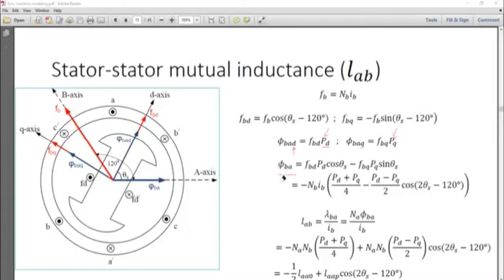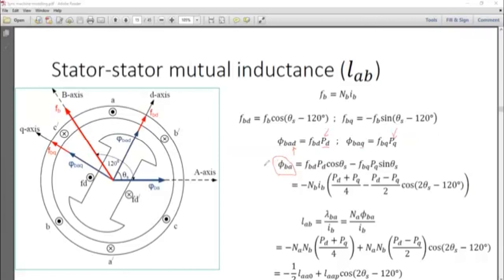That would be phi BA, and we add them up vectorially. So again, what is this angle? Let's try to make the angles now.